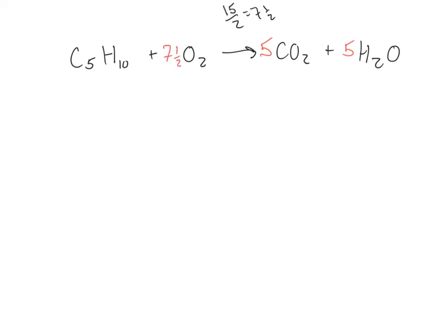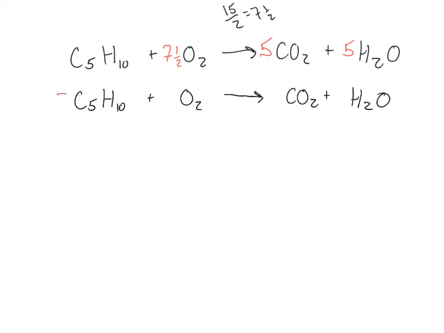This will be a fairly common thing that will happen when balancing, especially when looking at combustion reactions. What you do when you reach this point, anytime that you want something and a half oxygen in order to balance it, go ahead and put it there to begin with, and then simply go through and double all of the coefficients in the equation.